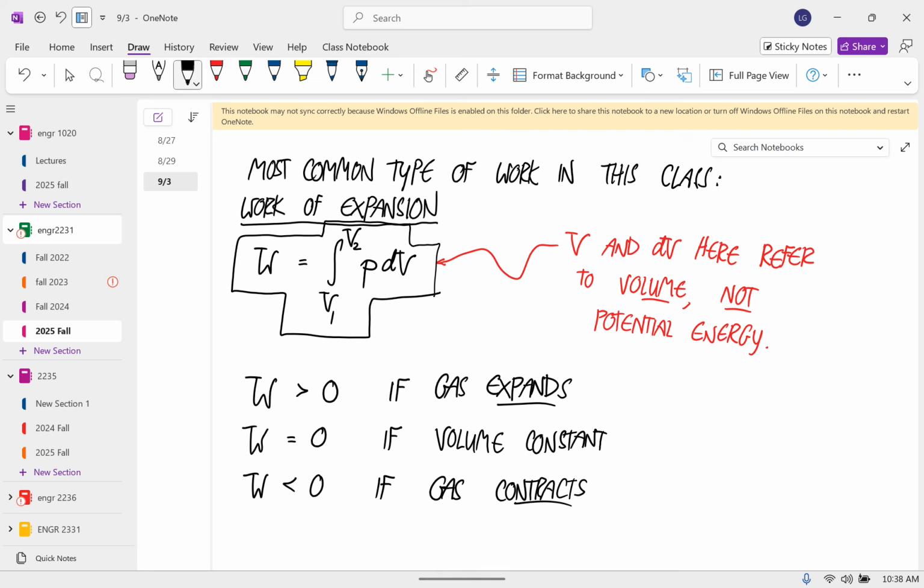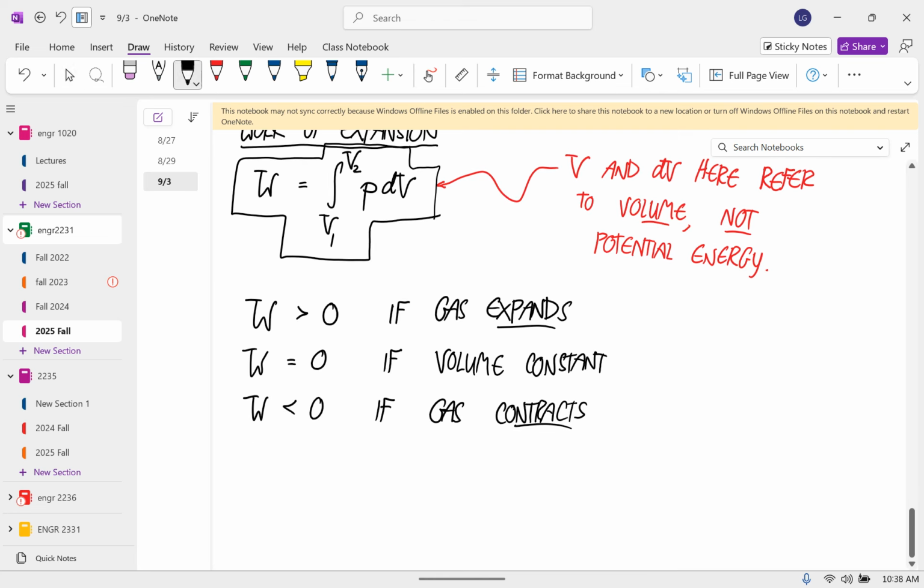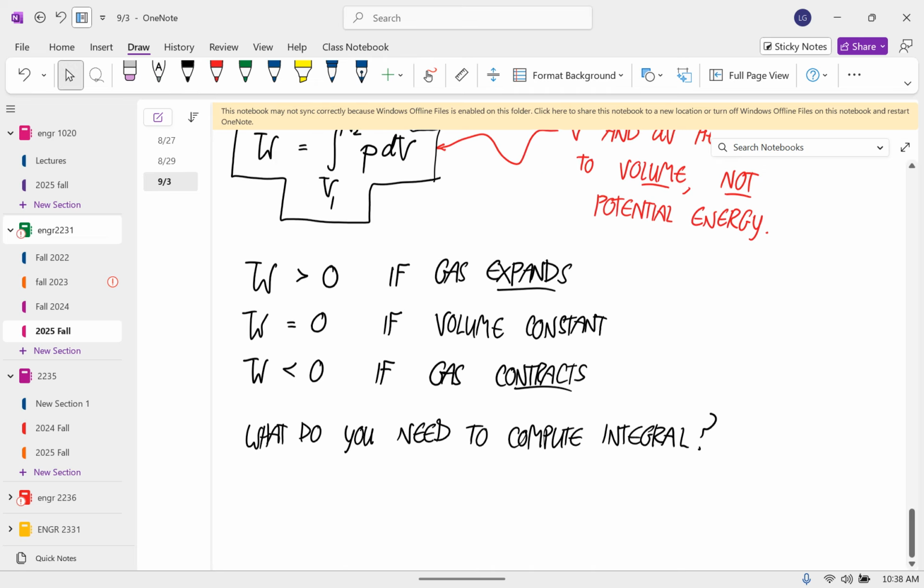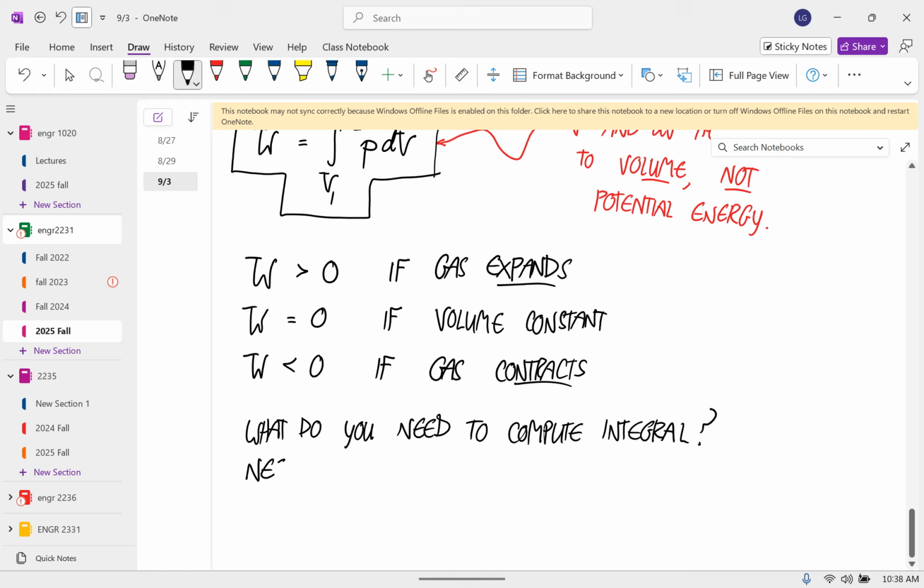Okay, what would you need in order to compute this integral? You need to know the pressure as a function of the volume.